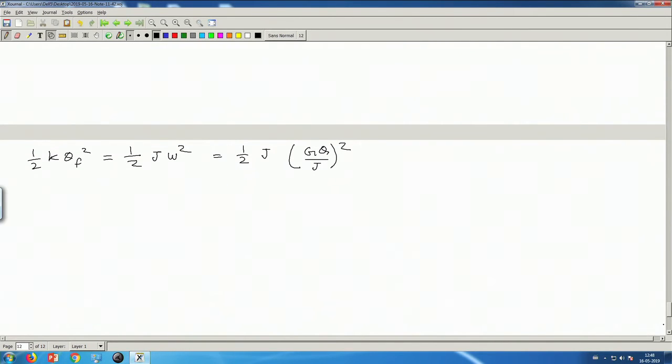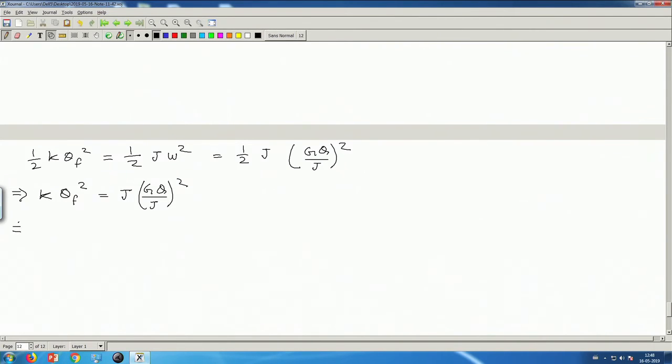Now we can cancel this half from both sides, and so we can write k theta f square is equal to J, here we write GQ by J whole square.